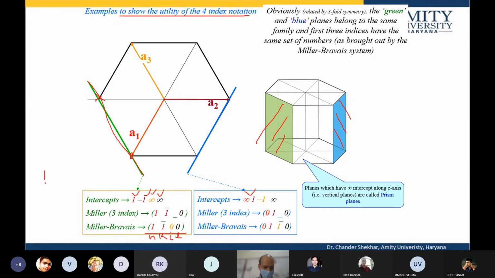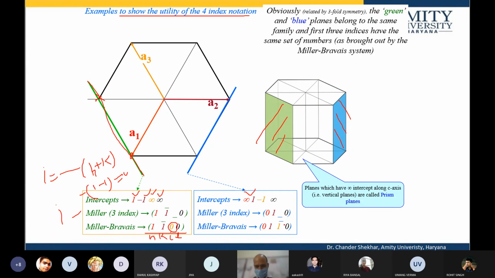Okay, let us see if I is equal to minus H plus K. So H is, say, 1 and K is -1, so minus of this, I is basically 0. That's true.